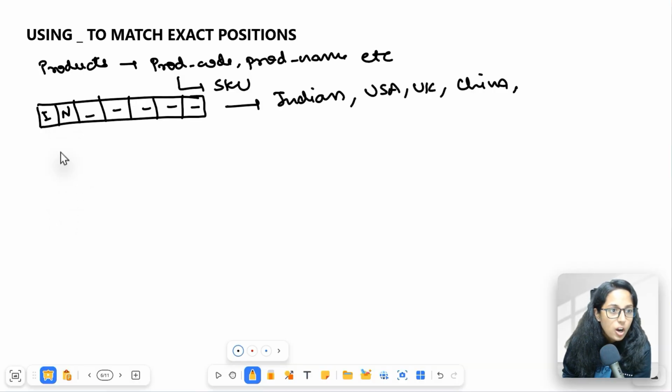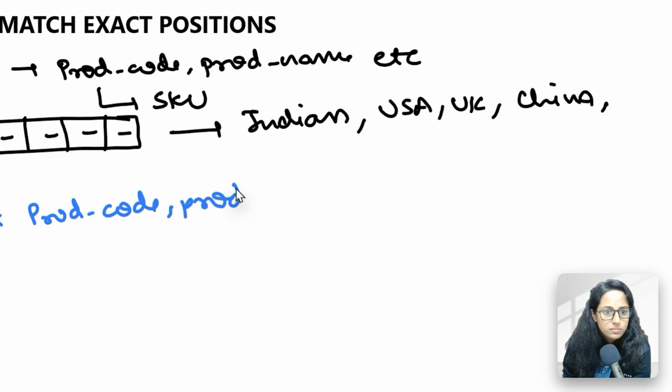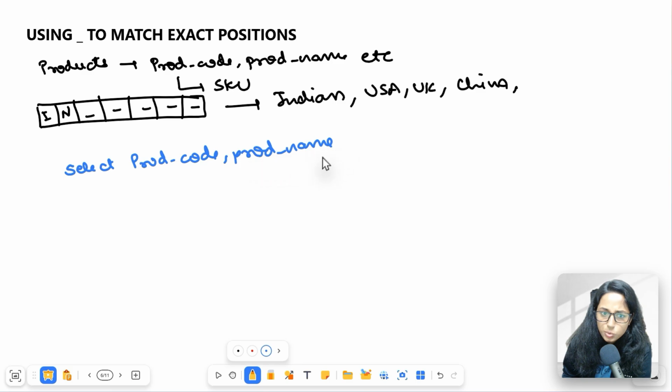So let's see how we can write the query for it. I would say select, I will take the product details, which are my product code and product name. I'm not using star here because we are only focusing on these two columns.